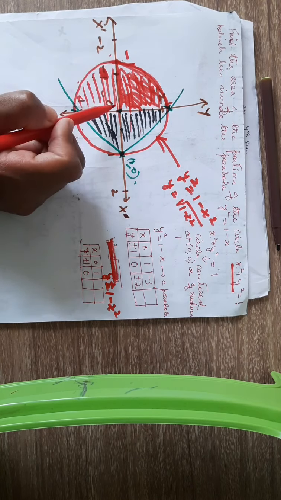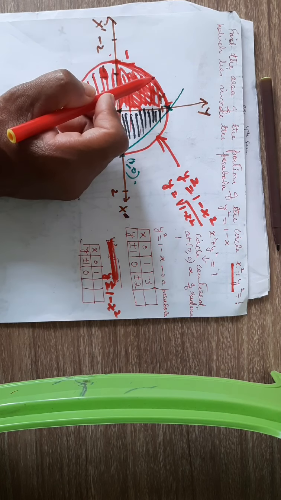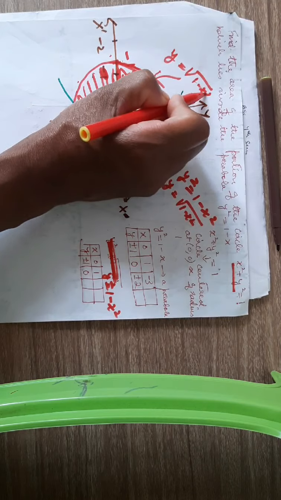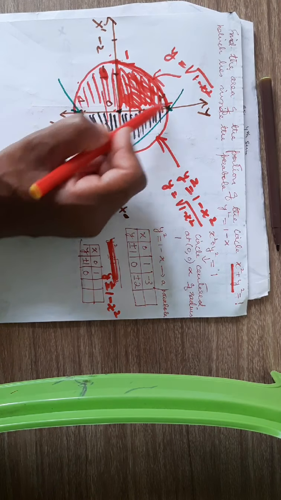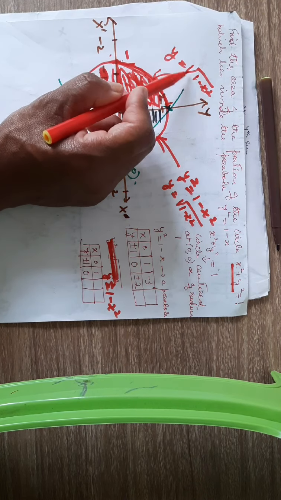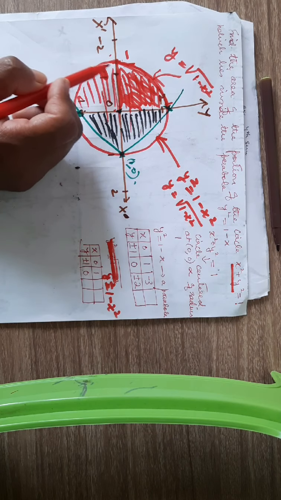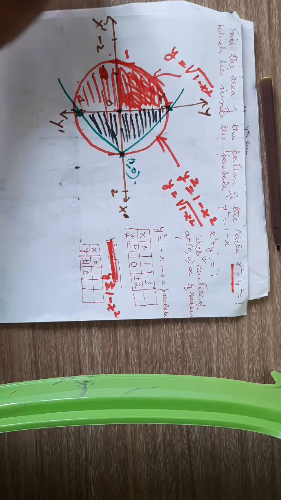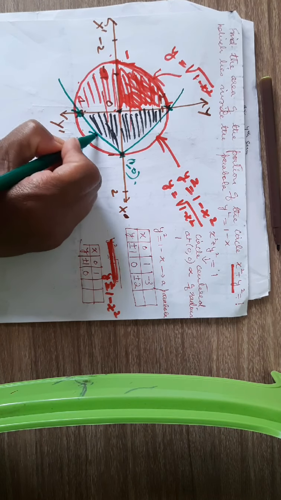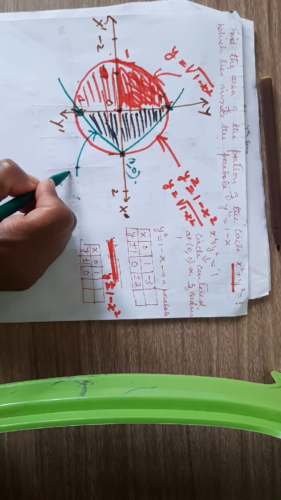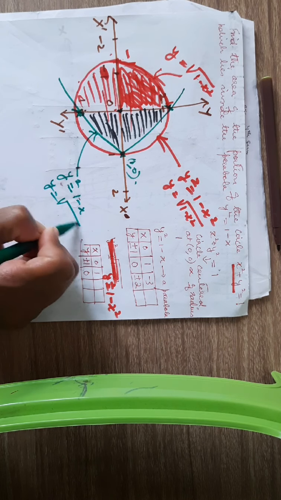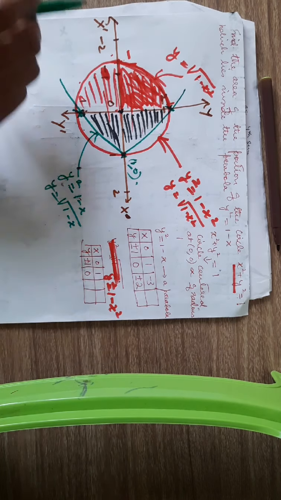From x is equal to minus 1 to x is equal to 0, and the curve y is equal to square root of 1 minus x squared. That is the upper half of the circle which lies above the x-axis. So that's why I'm taking the positive square root. Then after that you multiply it by 2. Next you need to find out the area of the green one, represented by y squared is equal to 1 minus x, or y is equal to square root of 1 minus x.